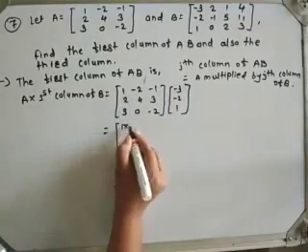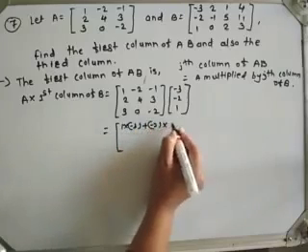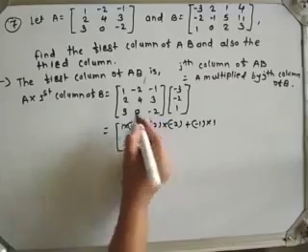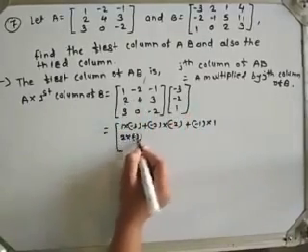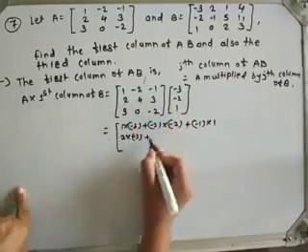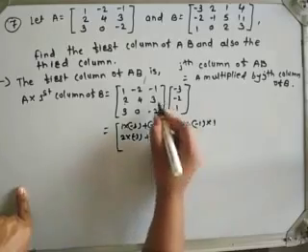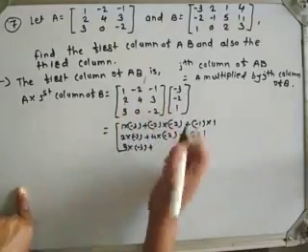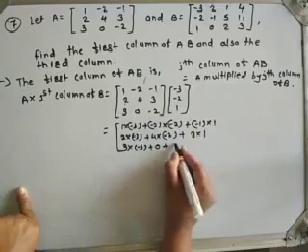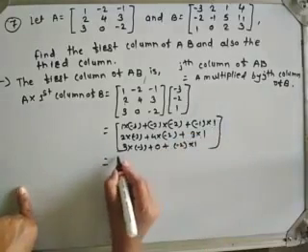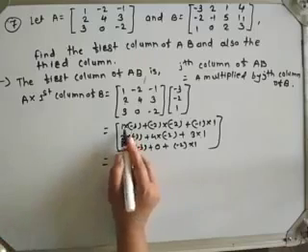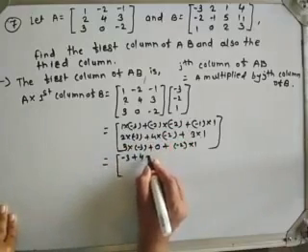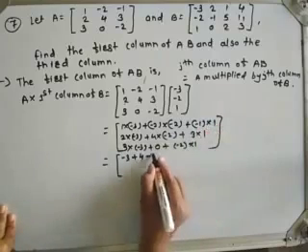So 1 into -3 plus -2 into -2 plus -1 into 1, 2 into -3 plus 4 into -2 plus 3 into 1, and the last entry is 3 into -3 plus 0 into -2 is 0 plus -2 into 1, which is equal to -3 plus 4 plus -1, that is -1.